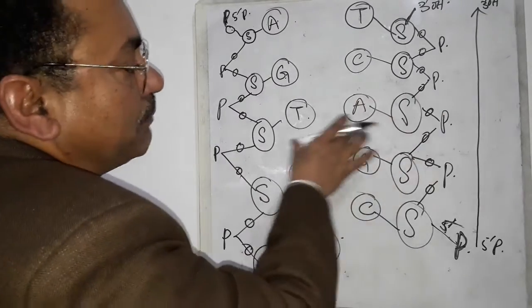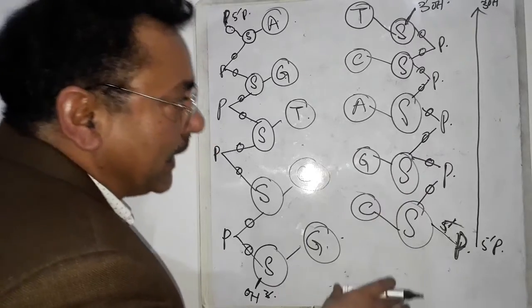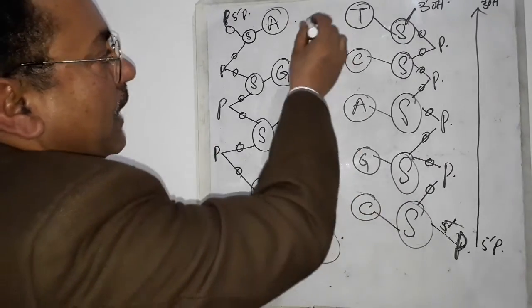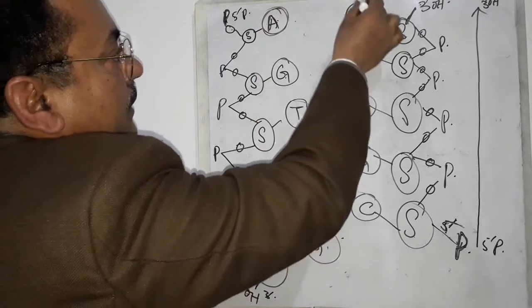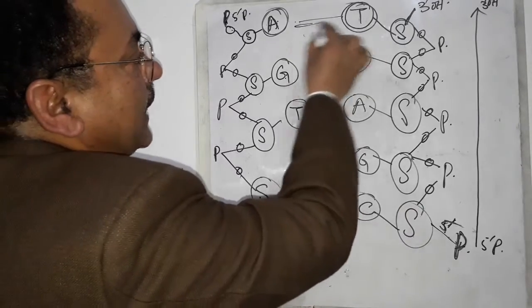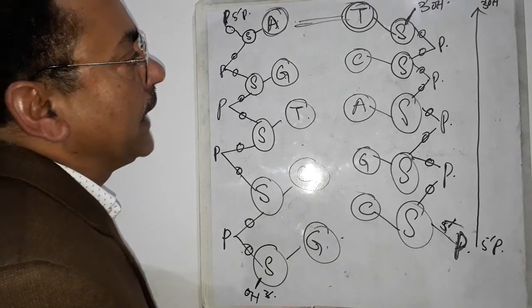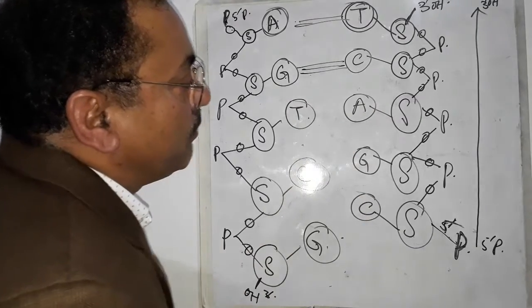These are two complementary strands. So they are first anti-parallel and they are also complementary. Complementary in the sense that if here we have adenine, here we have its complementary base thymine, and they can establish a double hydrogen bond. Guanine can establish a triple hydrogen bond.